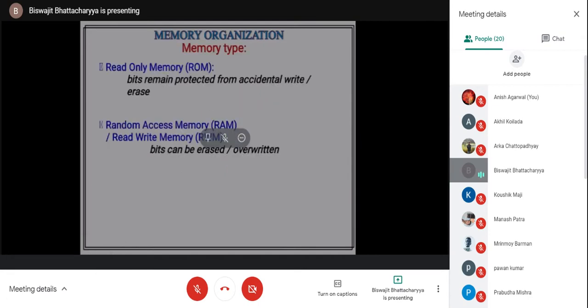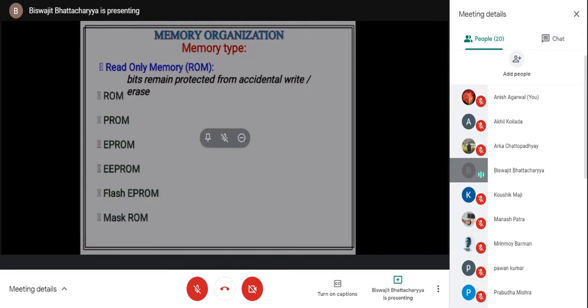Now, as I told you earlier, there are two types of memories: read-only or read-write memory. In a microcontroller also these are important. Now there are different versions of read-only memory possible.